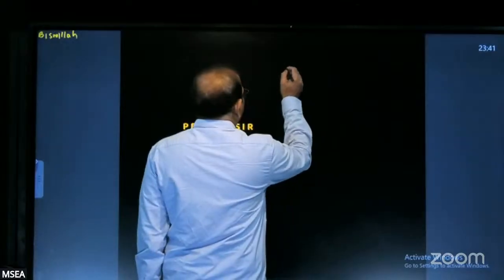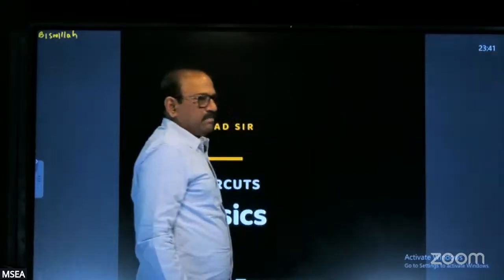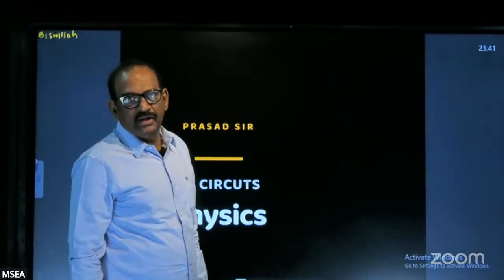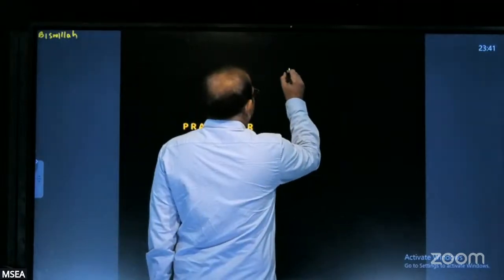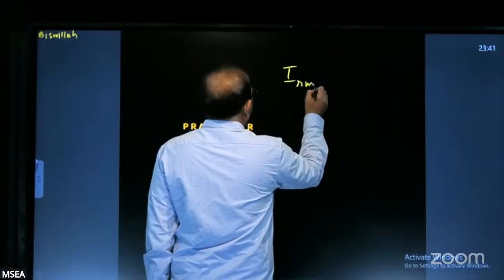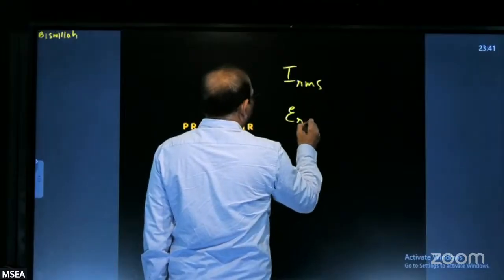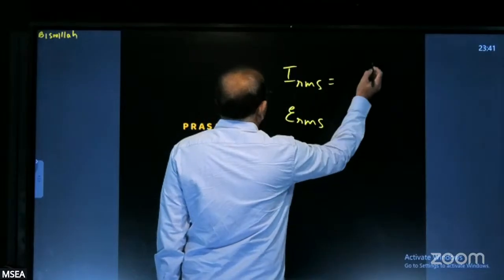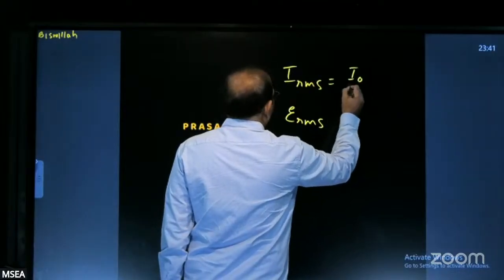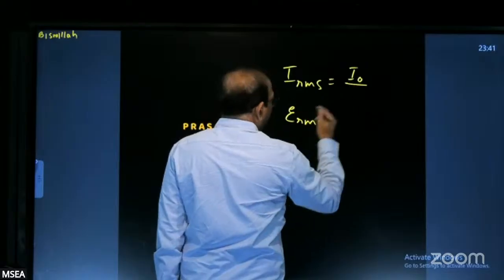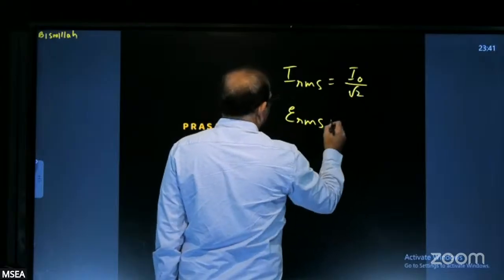First, in this chapter, RMS values of current and EMF are important. RMS current is the peak value of current, maximum current, divided by root 2.